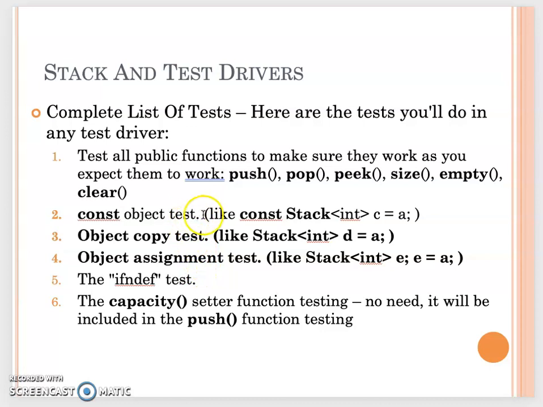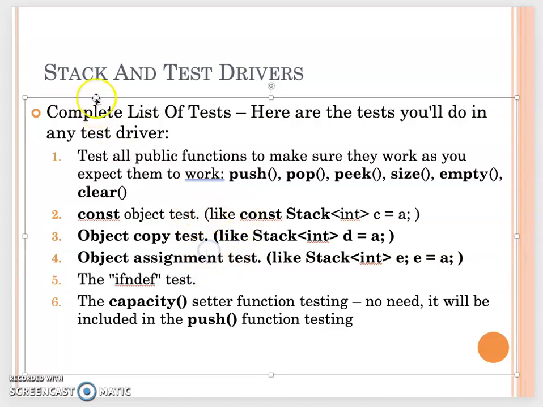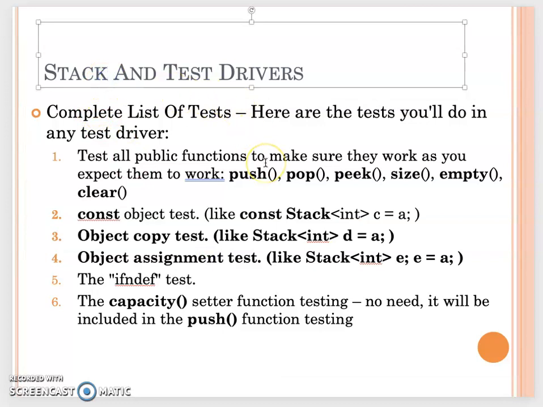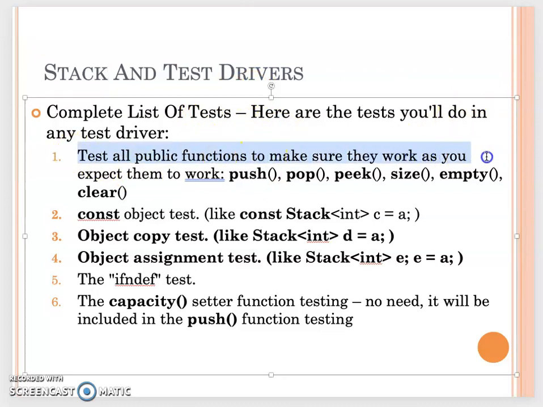So we finished the implementation for our header file. Next, I just want to remind you about your test driver for Part 1 in assignment 7. Here is your complete test. You always need to test all the public functions to make sure they work. That's why you see push, pop, pick, size, empty, clear, they all need to be tested.